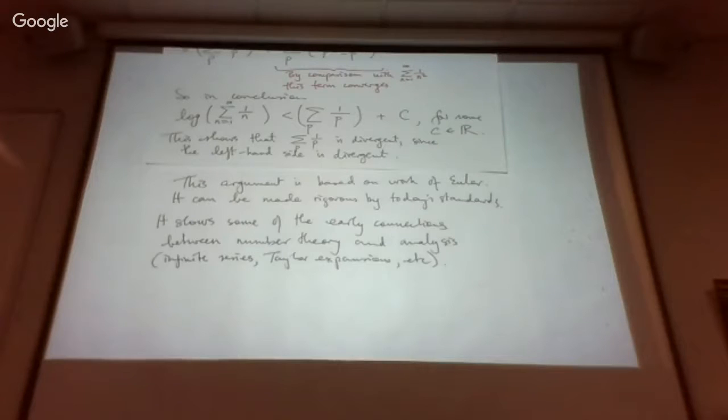You look at the behavior of functions defined on the complex numbers and the complex analytic properties they have to do with integration and differentiation, using those tools to prove things in number theory.